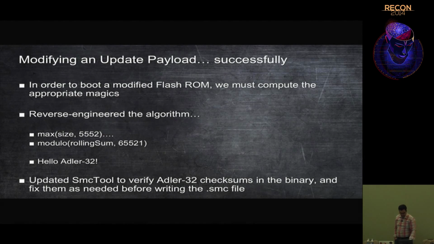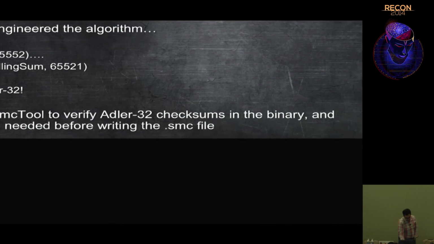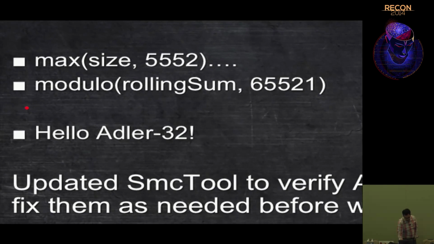So I went ahead and reverse engineered the algorithm. And the algorithm is fairly simple, but you instantly notice that it does a maximum with 552 and a modulo of 65521, which are the well-known magic numbers for implementing Adler32, which is an old checksumming algorithm that's actually still used in many things today, including the zip format.